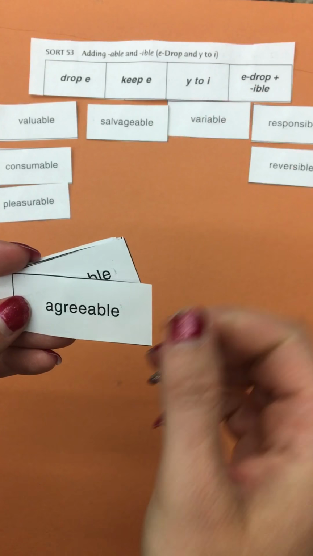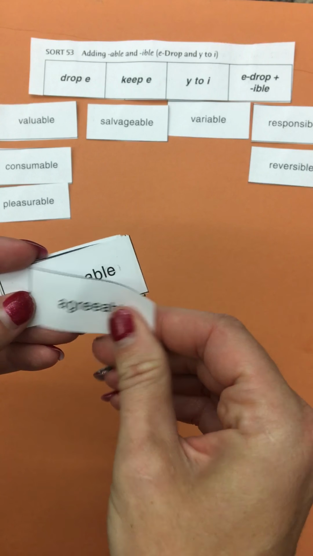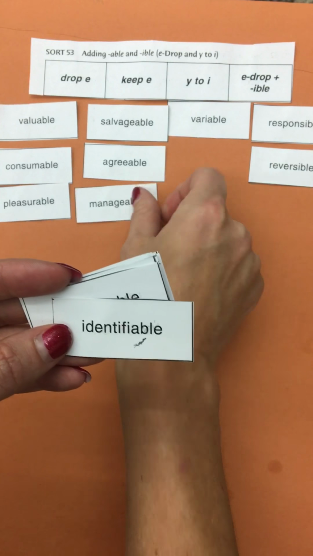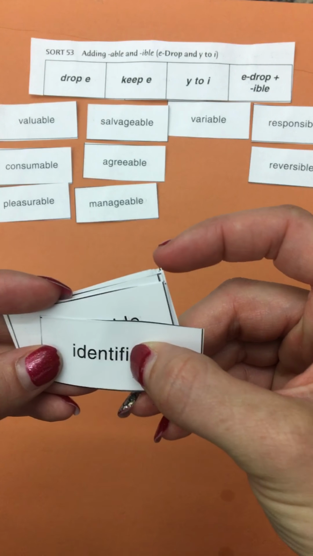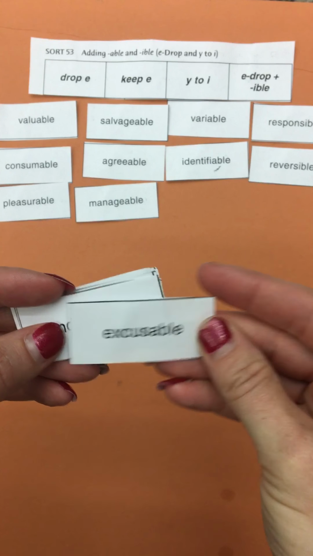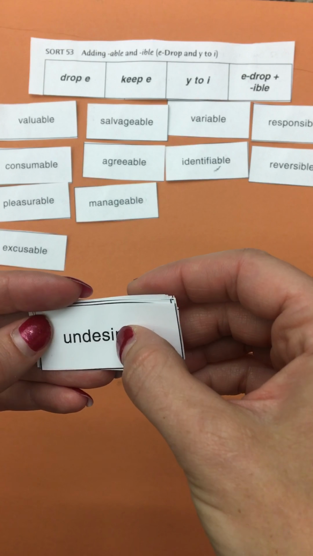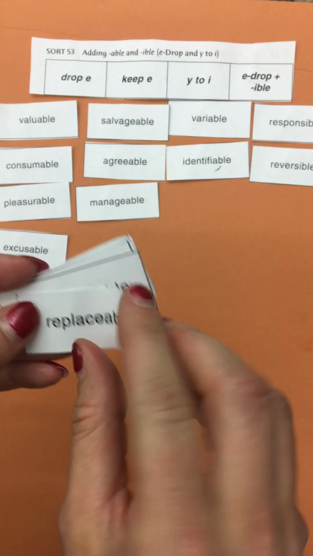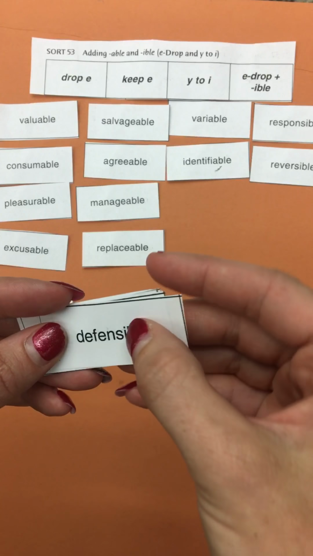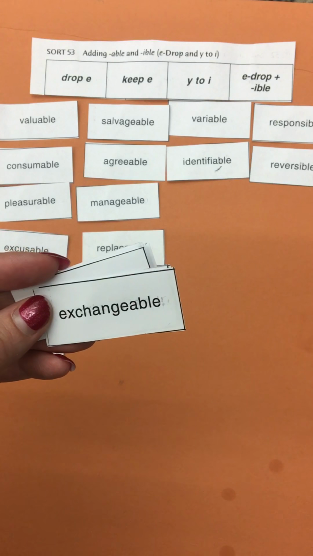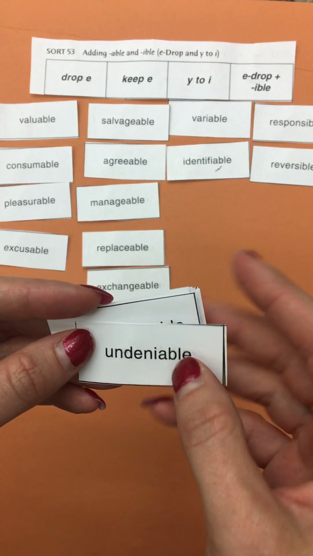We're going to look at Y. Agreeable kept the E. Manageable kept the E. Identifiable, Y changed to I. Excusable, dropped the E. Desirable, dropped the E. Replaceable, kept the E. Defensible, dropped the E. Exchangeable, kept the E. Undeniable.